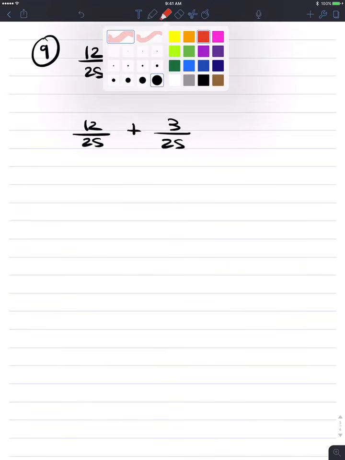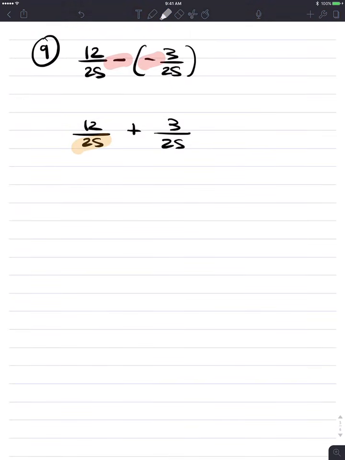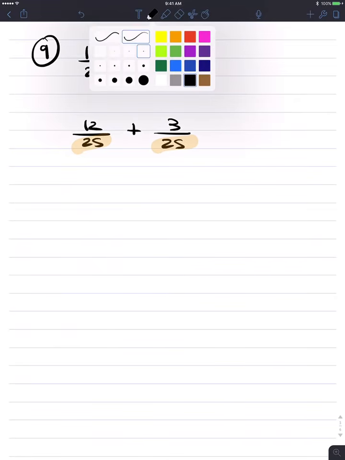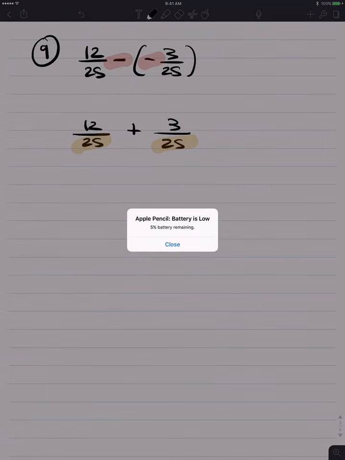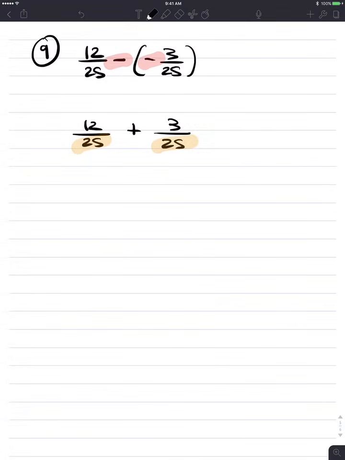We have again the same denominators. 12 plus 3 over 25, and we'll get 15 over 25.